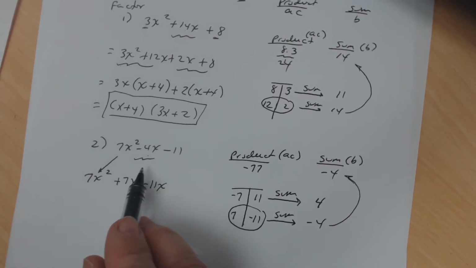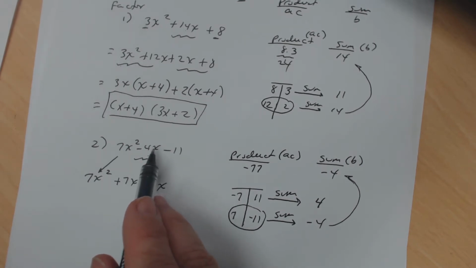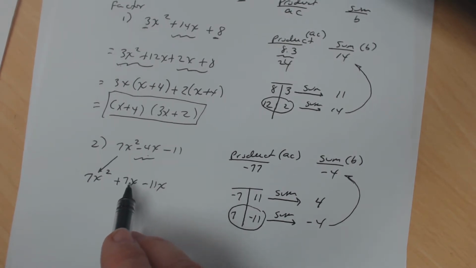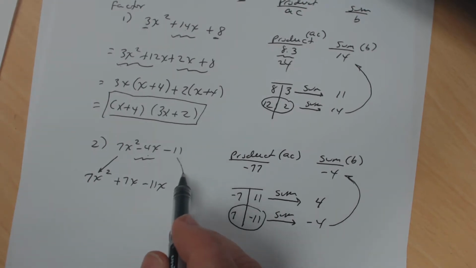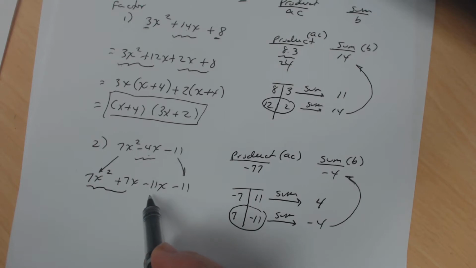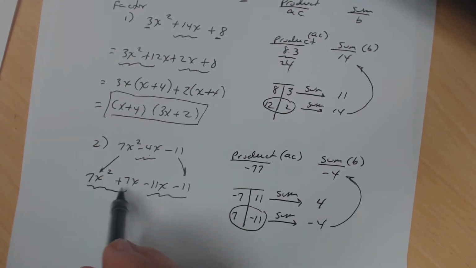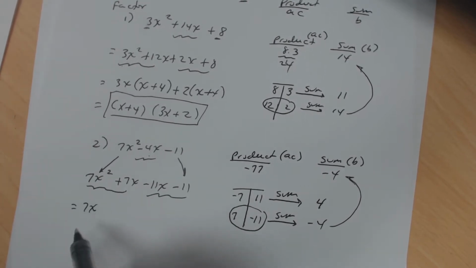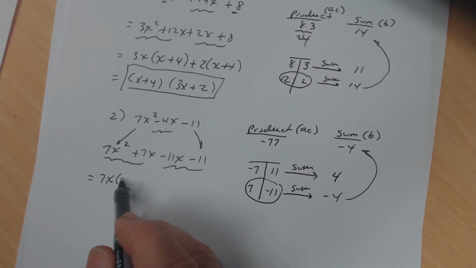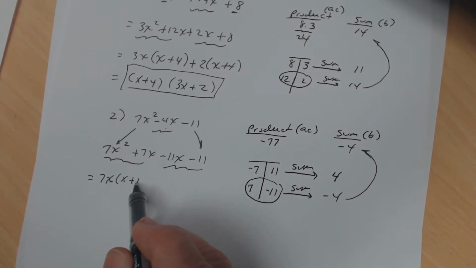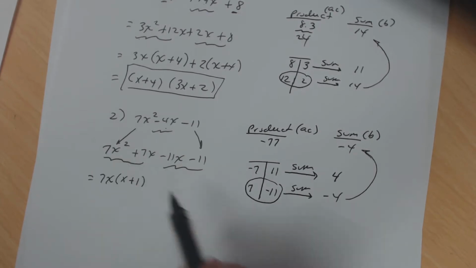Remember this is negative 4x, so these two terms have an x in them, because 7x and negative 11x give us negative 4x. Then just rewrite the last term, minus 11, and the rest of this is just grouping. I can take out a 7x from here, since the GCF of this group is 7x. I'm left with x plus 1, because 7x times x is 7x squared.